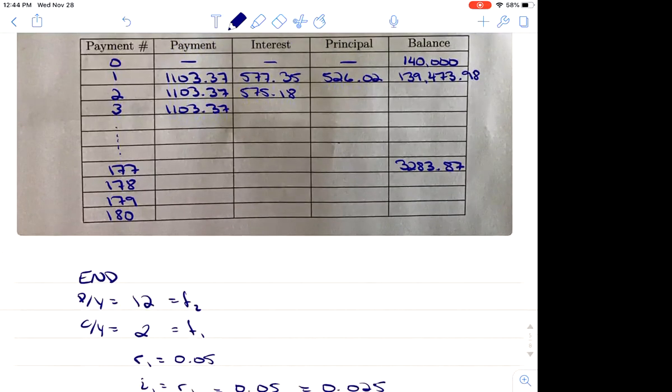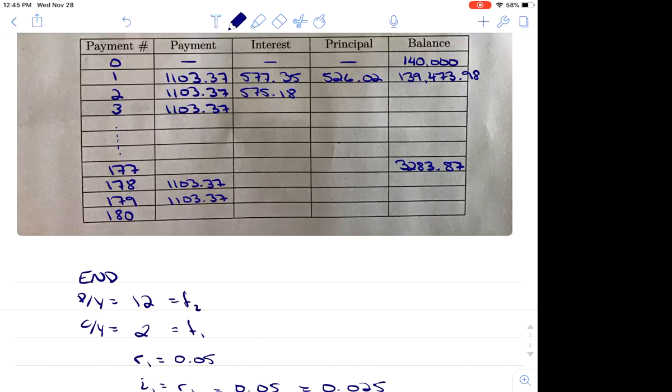We know the payment at 178 is 1103.37, and at 179, 1103.37. We don't know the payment at 180, right? Because that's the one where we have to square up. But we can find the interest owing on $3,283.87.